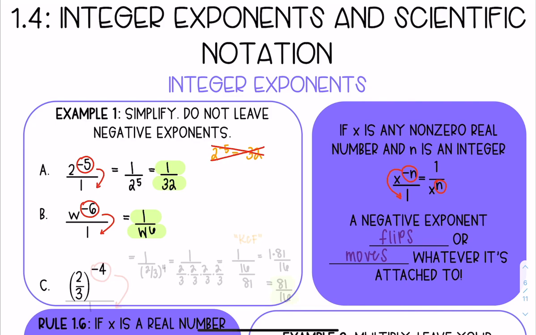Now let's go ahead and do one more. We have 2/3 to the negative 4. So we have a negative 4, and we're going to want to flip it over the fraction line.